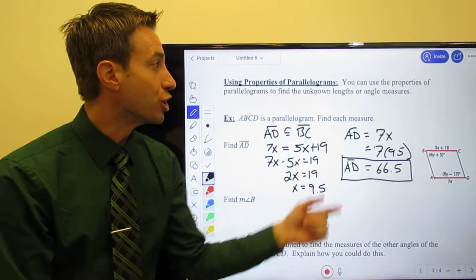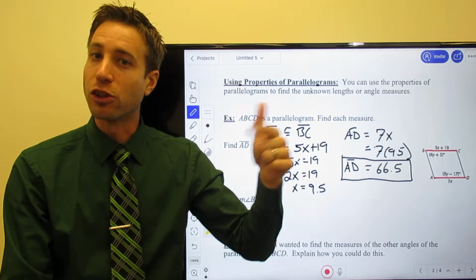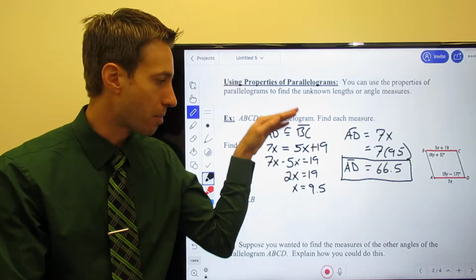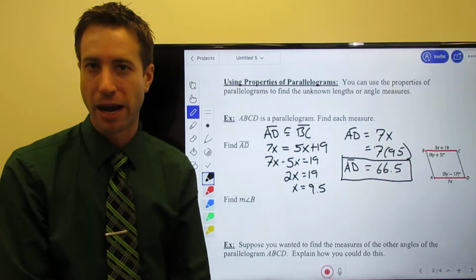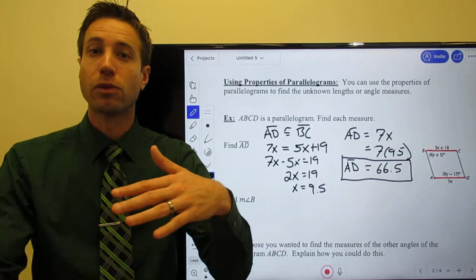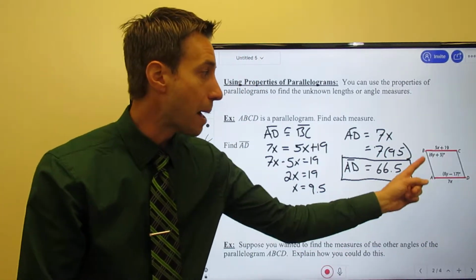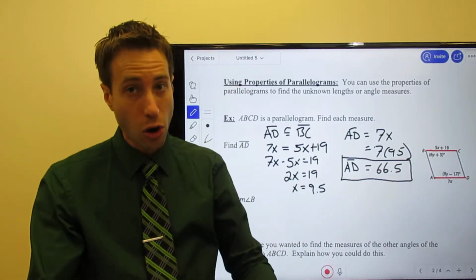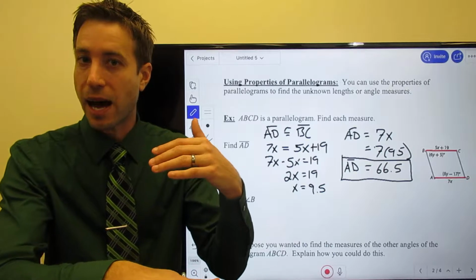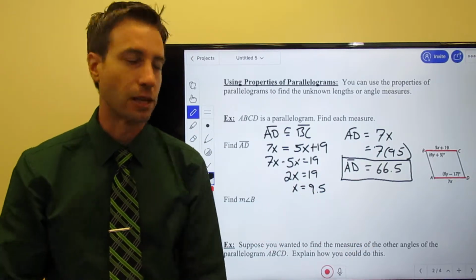So again, we're just using the theorems that we learned about parallelograms to help us set up a quick algebra problem that I can quickly solve to find my unknown length, side AD. Conversely then, side BC is also 66.5, because opposite sides of a parallelogram have to be congruent.